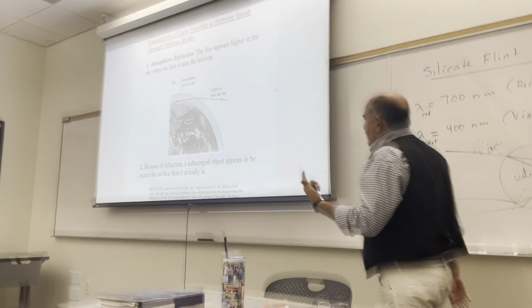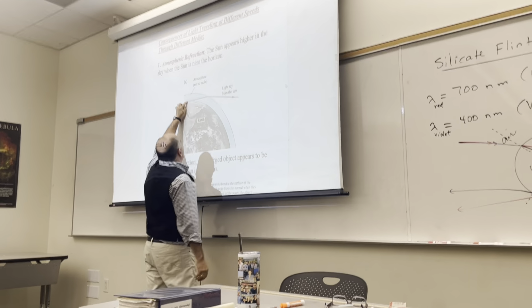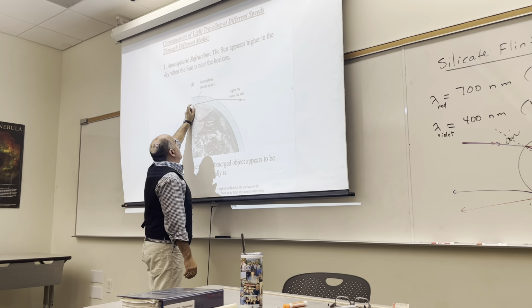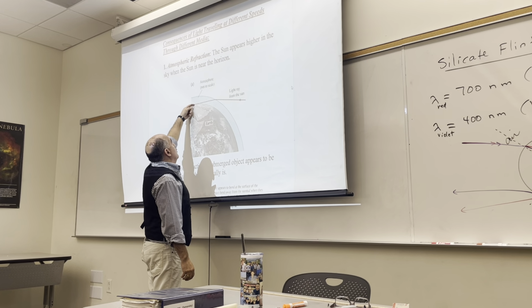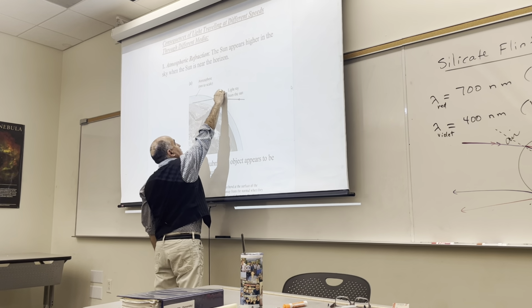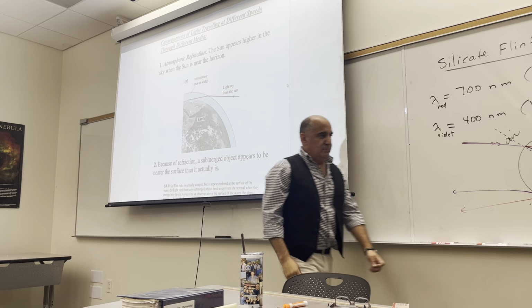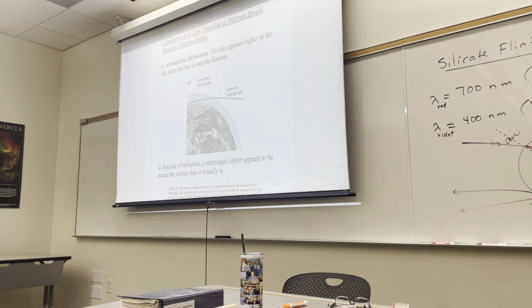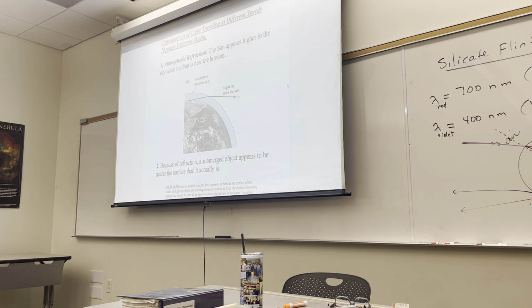So in this picture over here, if you're standing over here and you're watching the sunset, the light comes from the sun from over here. Here's the normal.